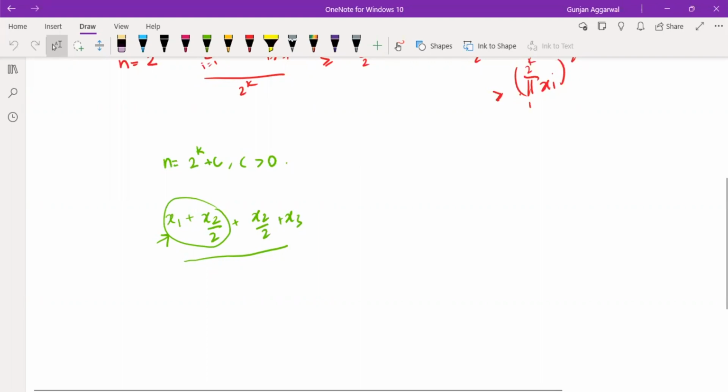Okay, then if we divide it like x1 by 2, x1 by 2, plus x2 by 2, plus x2 by 2. And then in another term, we can take, okay, that also won't work, I guess. Okay, that preserves the equality case, but I still don't think that would work here.